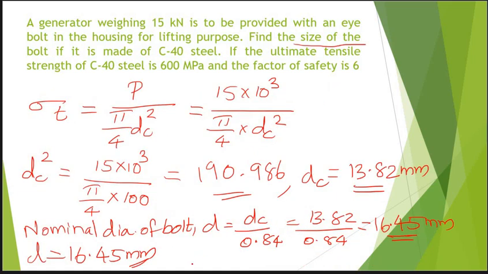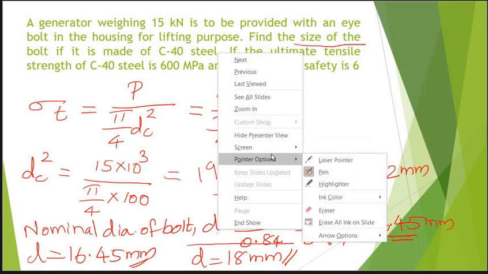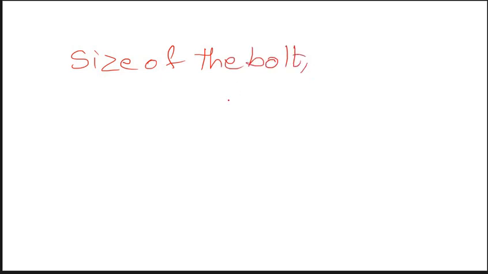So we are choosing D as 18 mm, the major diameter size of the bolt. So size of the bolt D equal to 18 mm.